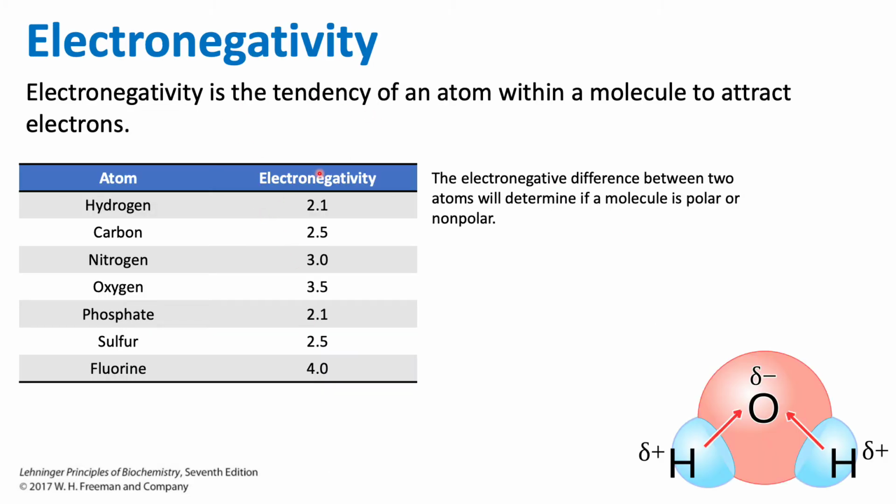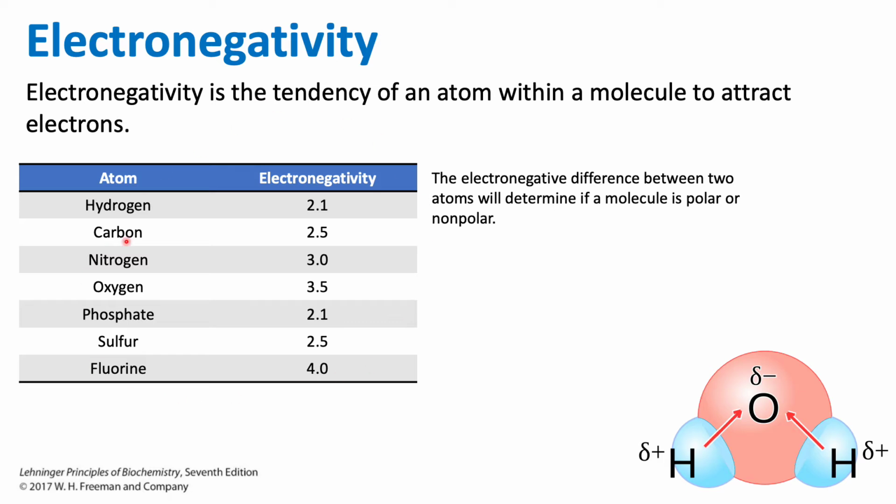So electronegativity is the tendency of an atom within a molecule to attract electrons to itself. Essentially, how much does an atom like electrons? If an atom likes electrons more, it will have a higher electronegativity.